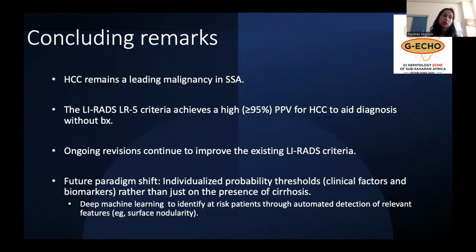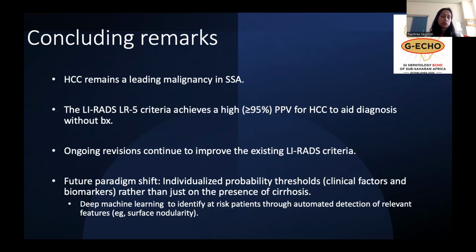In concluding remarks, I would just like to say that HCC remains a leading malignancy in sub-Saharan Africa. The LIRADS 5 criteria can achieve a very high specificity and positive predictive value for HCC to enable clinicians to manage definite HCCs without biopsying these lesions.